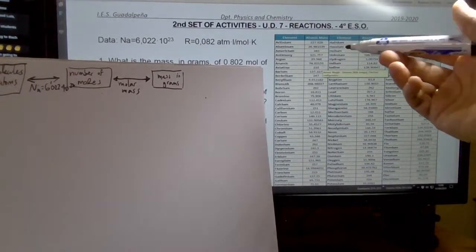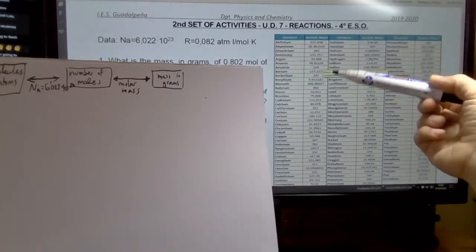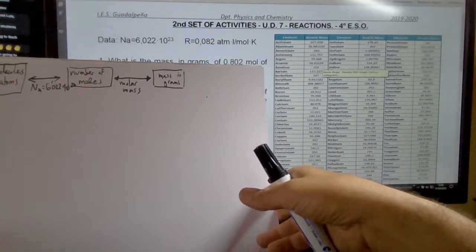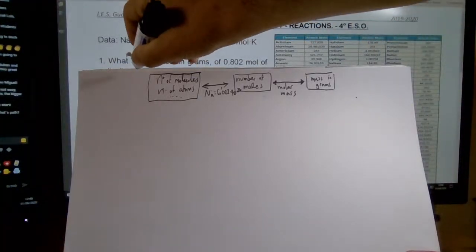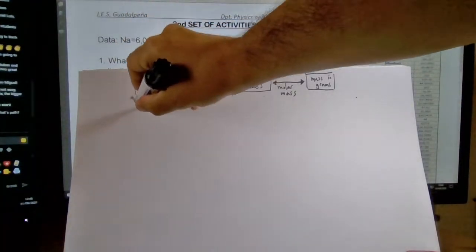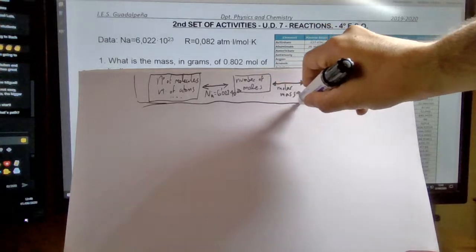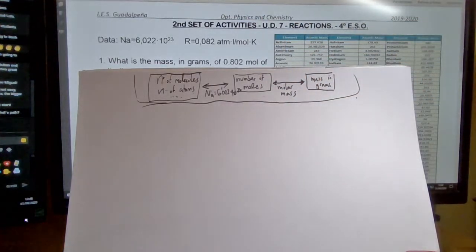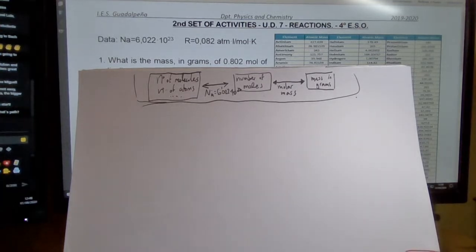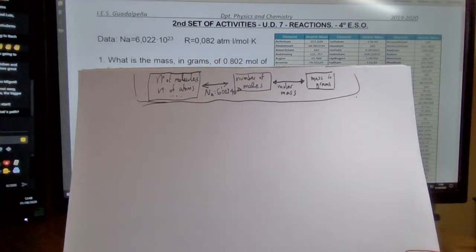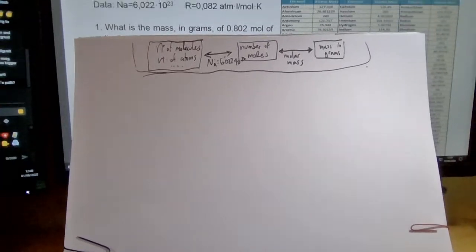The molar mass is the same, but in different units, in grams per mole. So that's something you have to remember: how to convert from number of molecules to number of moles and molar mass. Molar mass, the mass of a mole, okay? Atomic mass, the mass of an atom.